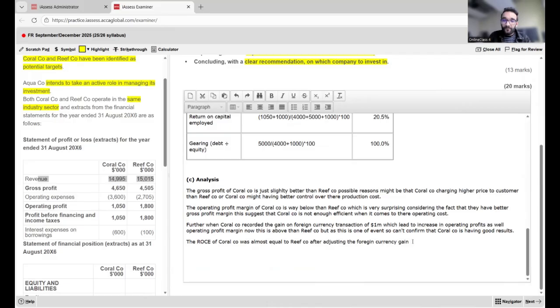But if Coralco excludes that gain, their ROC is way below the Reefco.